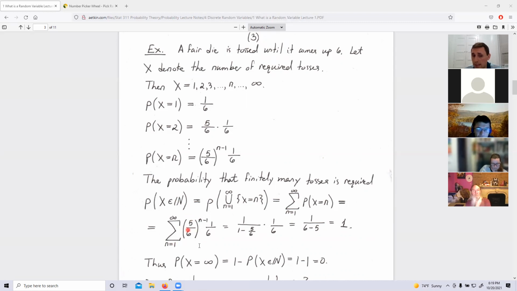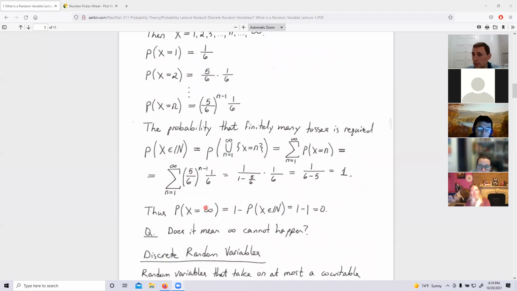And this infinite series, as you remember, you know how to sum geometric series fast. Do you agree? I taught you how to do that in the lecture notes. So you should know how to sum series fast, and this equals 1. This series is equal to 1, which means that the probability that we will need infinitely many throws is 0. Does it mean that infinity cannot happen? It's exceedingly rare, for sure. So you will never see infinity happen.